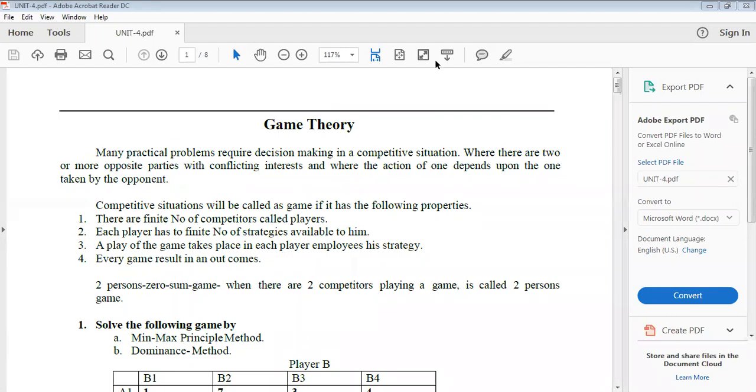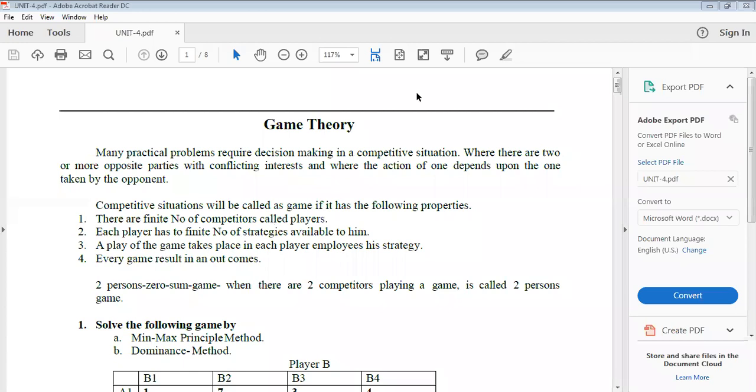So a competitive situation between two parties is going to be called a game, and it has the following properties. There are a finite number of competitors, like players. If you take up badminton, it will consist of two players.